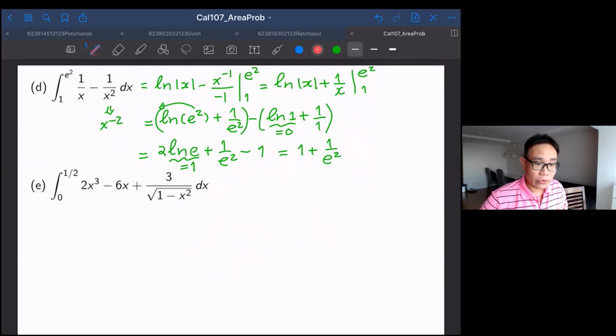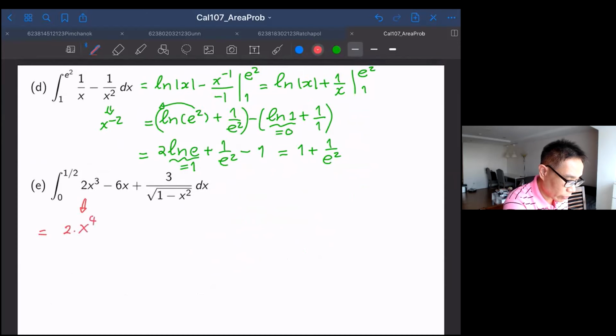For E, you're going to integrate from 0 to 1/2 of 2x cubed minus 6x. The first two will be easy. For this one, it's going to be 2x to the fourth over 4, and this is going to be 6x squared over 2.